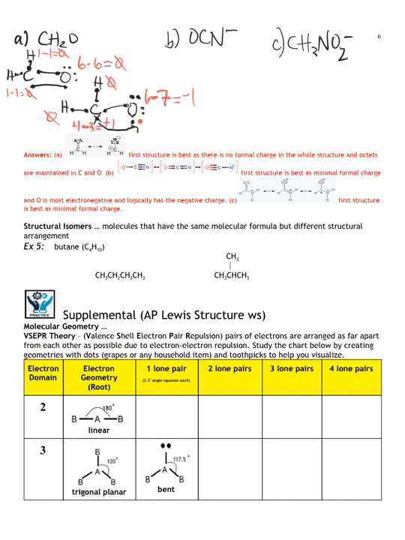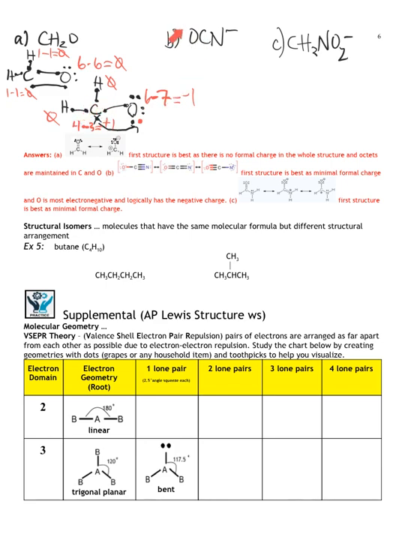Notice how this second structure has greater formal charge, and it violates the octet rule for the carbon, so it's not a stable structure. What I'm trying to show you is that you can eliminate Lewis structures that are not stable or ideal because they have formal charges and violate the octet rule.